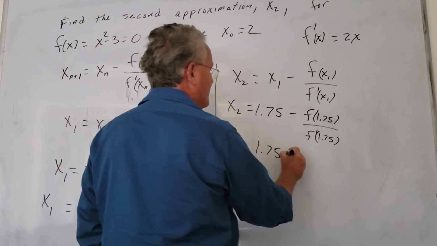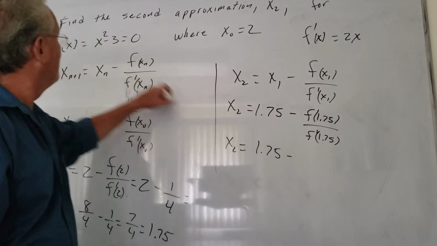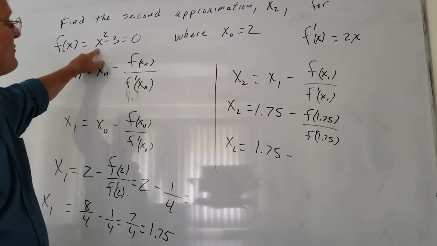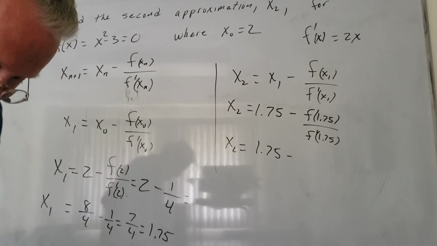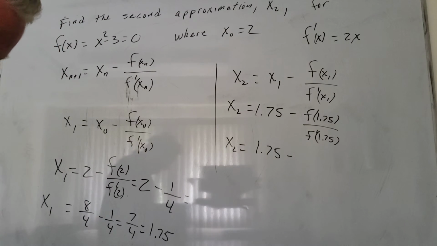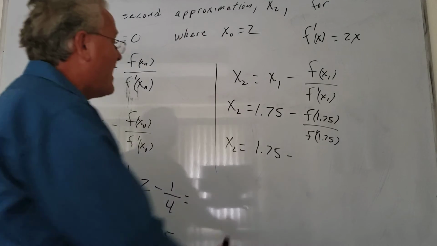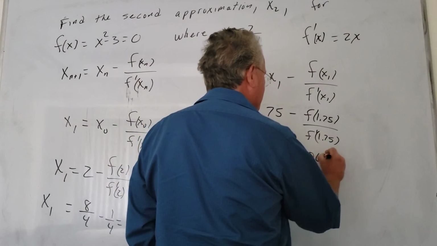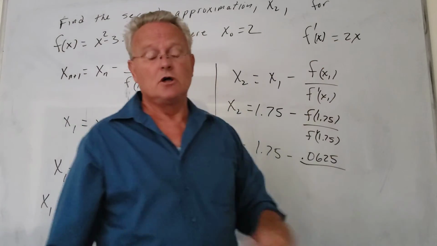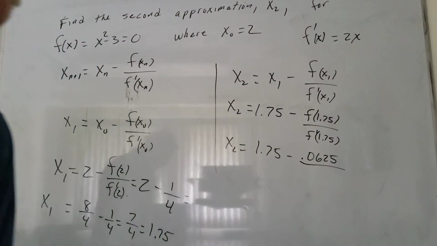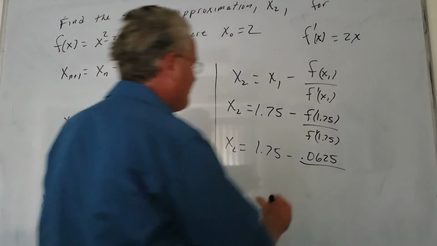So we get 1.75. When you plug it into your calculator, 1.75 squared minus 3, you're going to get about 0.0625. The derivative, if I double 1.75, we're going to get 3.5.